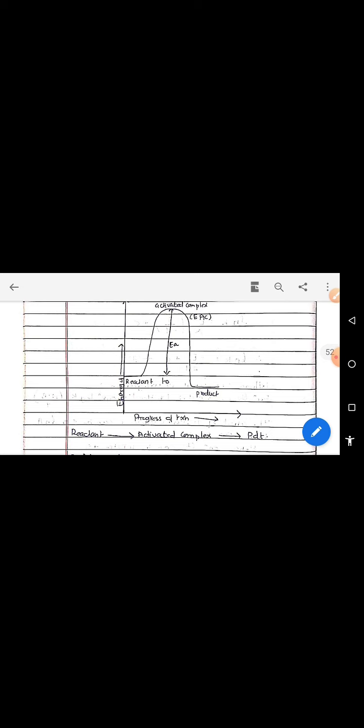On one axis is energy, on the other axis is progress of the reaction. This diagram indicates that as the progress of the reaction increases, energy also increases, up to the activated complex, the activation energy.